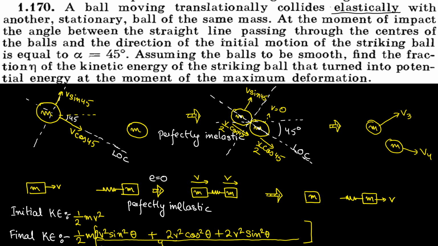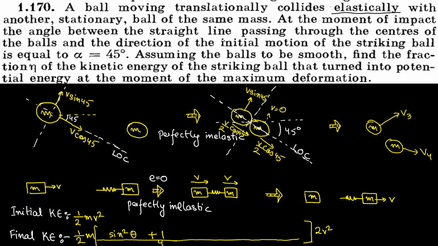So this entire term would become 2v square, isn't it? Now if I take 2v square common from both these terms, it would be sin square theta plus 1, into 2v square, isn't it?